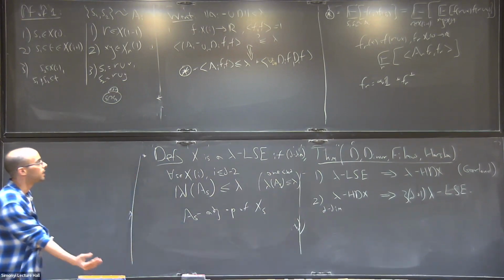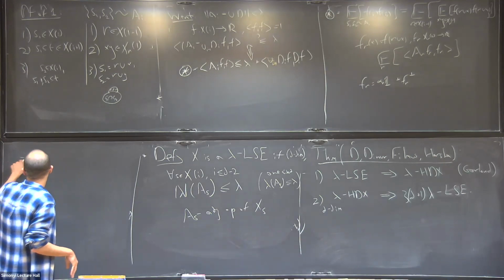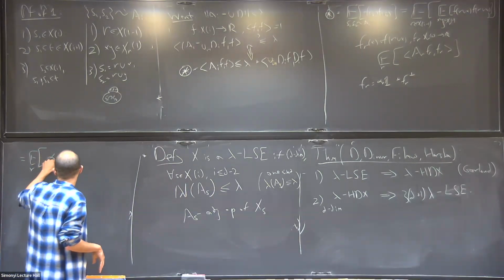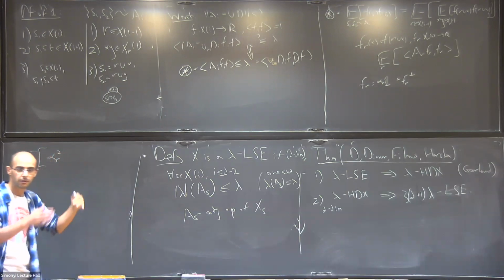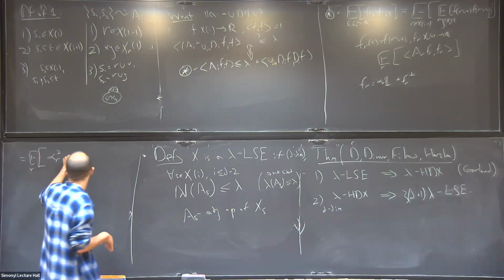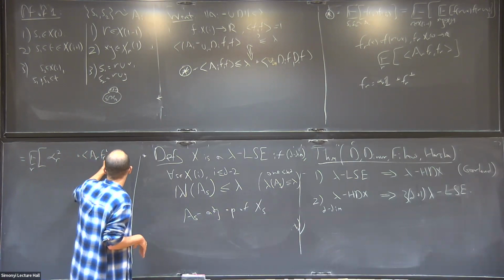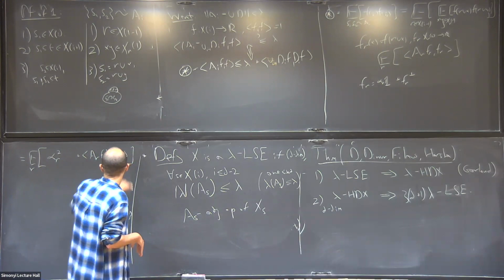Skipping over a few steps, you can say that this is an expectation of alpha_R squared, which comes from the non-perpendicular part, plus an expectation of the inner product of A_R f_R perp with f_R perp.